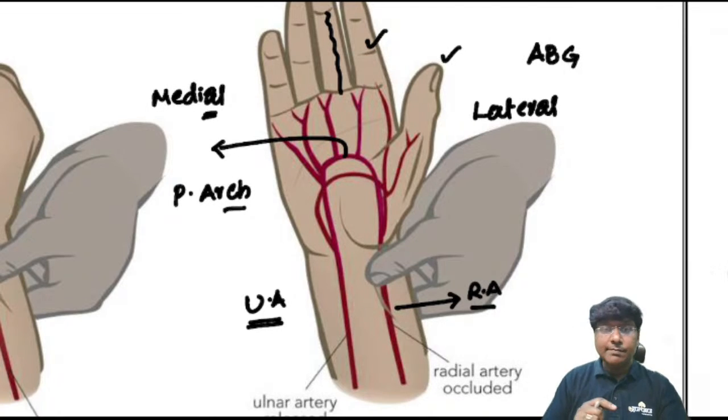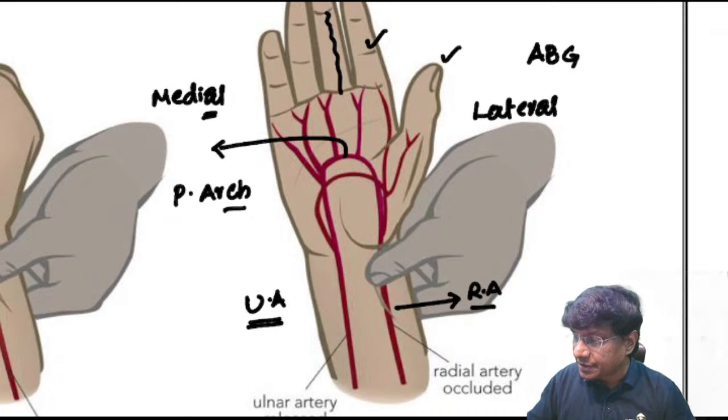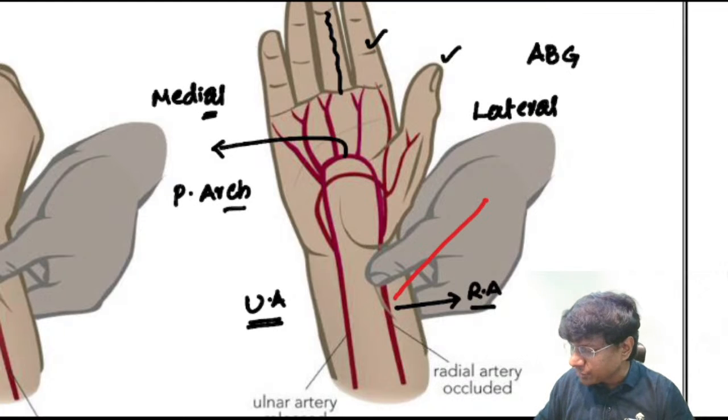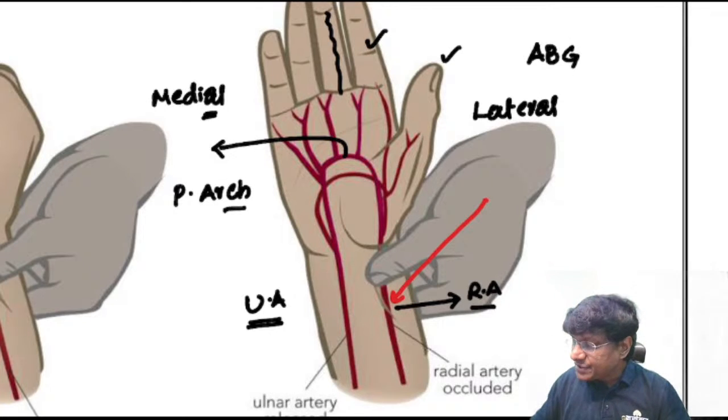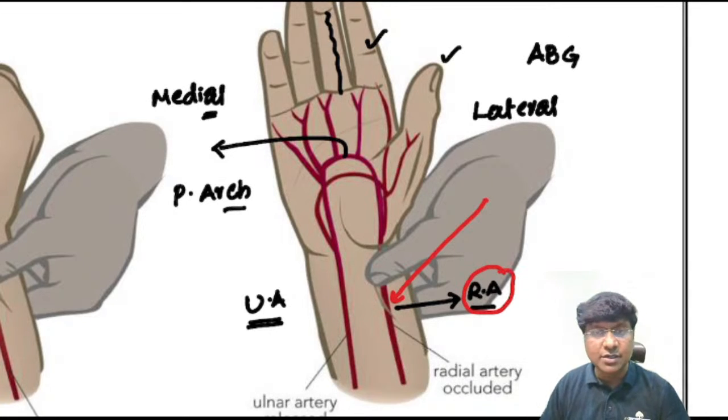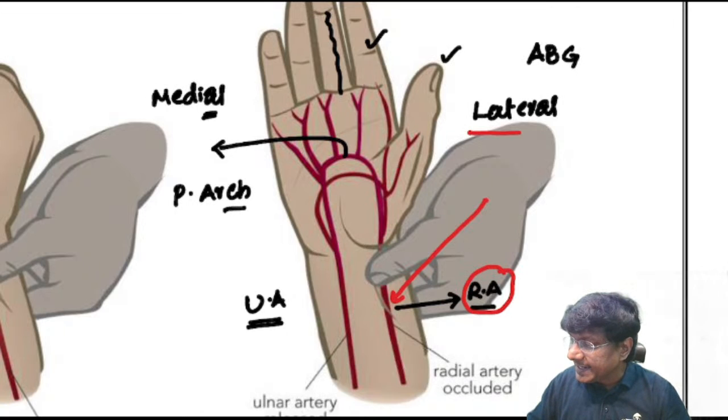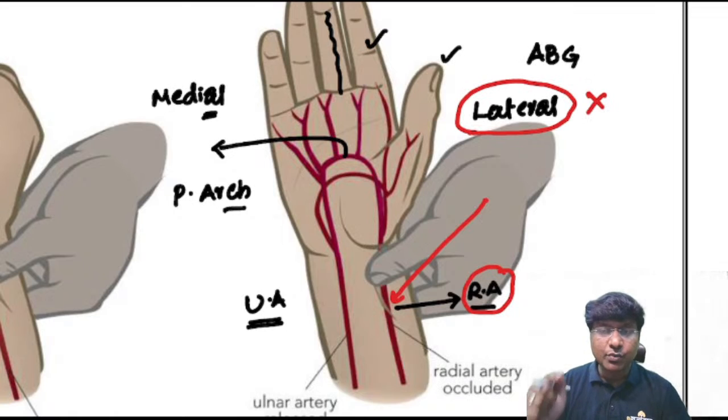Now, whenever you are doing ABG, where will you puncture? Sorry, very sorry. You will puncture the radial artery whenever you are doing ABG. Once the radial artery is punctured, the lateral 2.5 fingers will not get the blood supply. Now, what comes for the rescue?